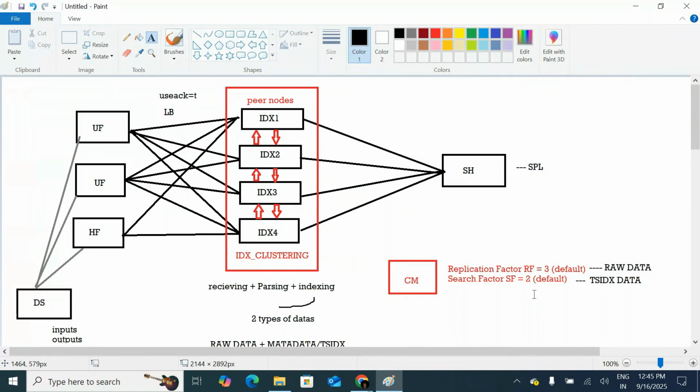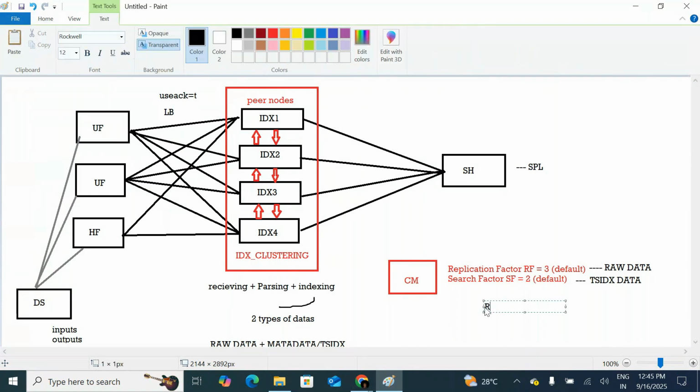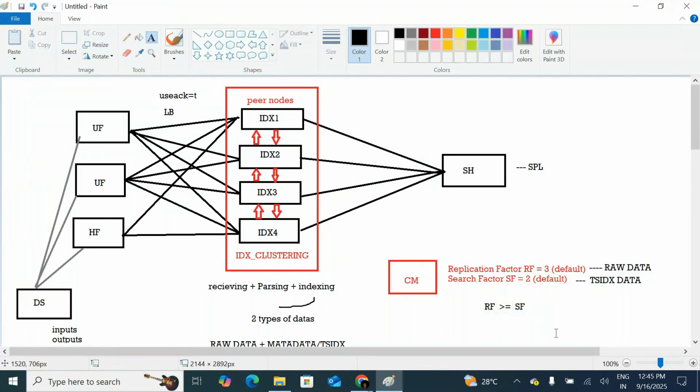There is a condition: replication factor must always be greater than or equal to search factor. This is the condition, sir. Based on that only, Splunk recommends replication factor 3 and search factor 2.